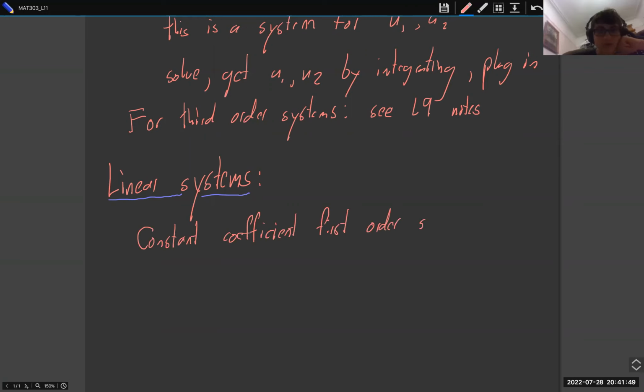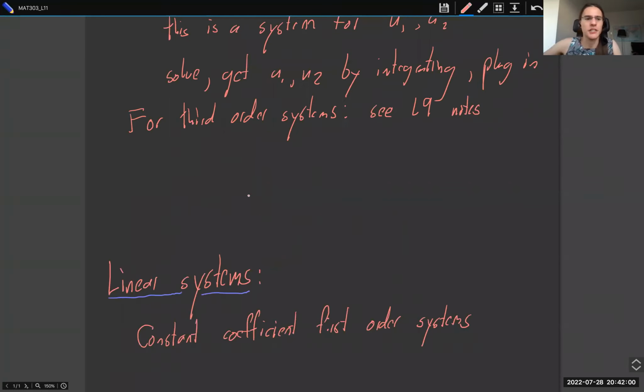Oh, there's also the undetermined coefficients. Yeah, that's true. There was also a method of undetermined coefficients. Fine, good point.